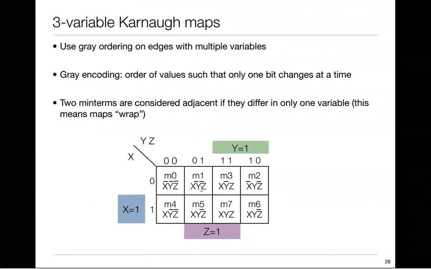So it is X bar, Y bar and Z over here. Next, 0, 1, 1. So 0, 1, 1 will be X bar, Y and Z.